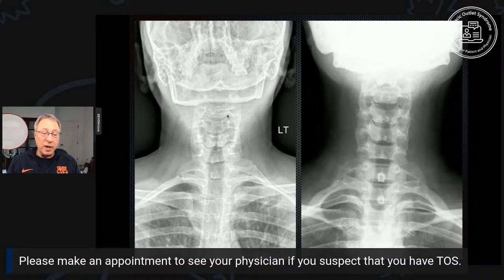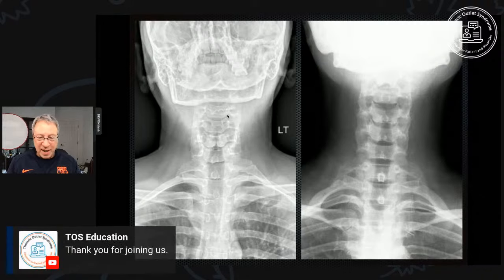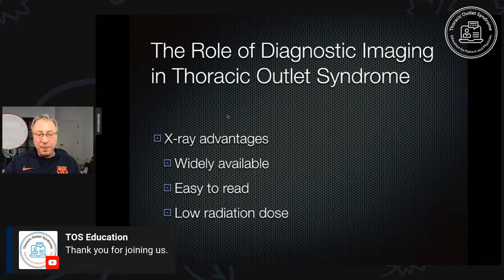Well, they've got an elongated C7 transverse process on their right side, and they've got a cervical rib on their left side. Can you tell me which side their symptoms are on? Well, I'm sure all of you are just kind of rolling your eyes right now because you can't tell. But I, on the other hand, with 20 years of experience, I can't tell either. So an X-ray really doesn't provide a lot of help.